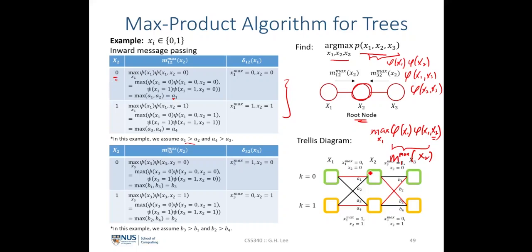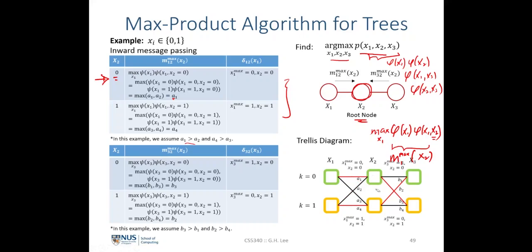So we are looking at x2 at 0 in this entry. Since x1 can take two possible states, these are the two paths that we are looking at, where x1 simply takes 0 or 1. So we are choosing between these two values, a1 and a2 respectively.